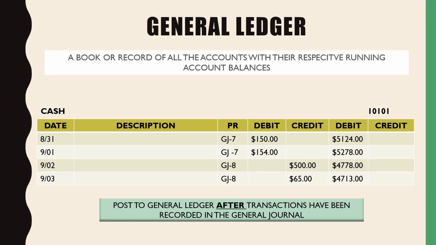The purpose of the general ledger is to record those exact same transactions from your journal, but in this case, it gives you your account balance at any given point in time. Because once you finish recording the journal and you post it into the ledger, you're going to have a constant flow of a running balance to let you know how much money you have left in each account.